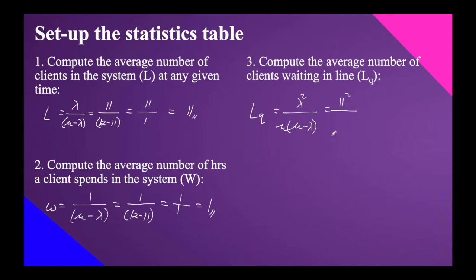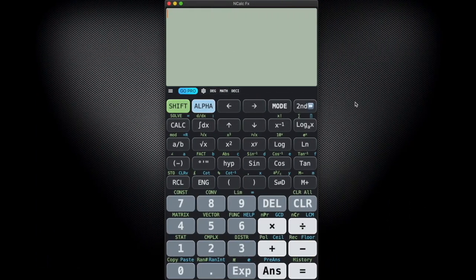Our mu is 12, and 12 minus 11. We'll directly compute the 11 squared later on the calculator. 12 minus 11 is 1, and 1 times 12 is 12. So we'll compute 11 squared divided by 12 on the calculator. Let's go to our calculator.